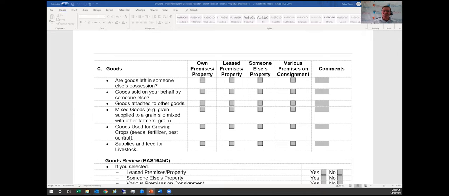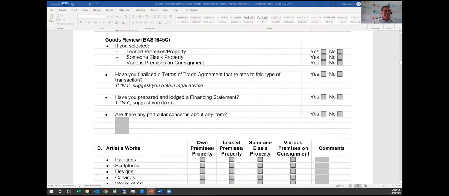Crops used for growing crops. There's special provision for those. Seeds, fertilizers, pest control, and supplies and feed for livestock. If your client's the supplier of those, they can gain a special registration on the PPSR for them.